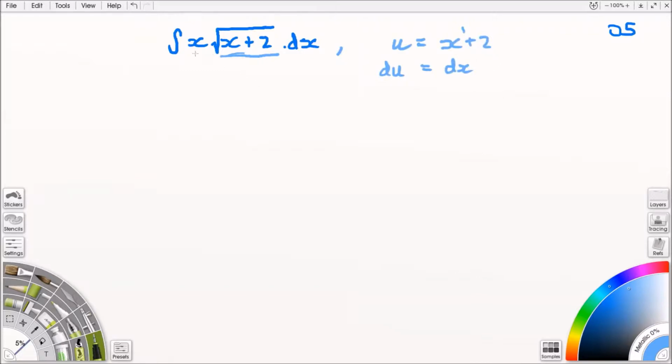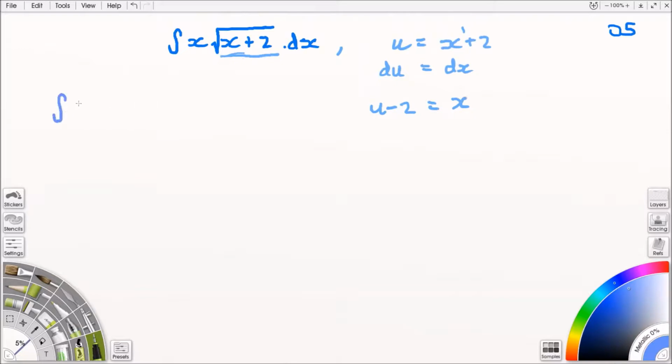So in order to get a new x and substitute it for u, I'm actually going to say that u minus 2 is equal to x. And now we can substitute u in for x instead. And this should be a much nicer term to integrate. So now we're integrating with respect to u.